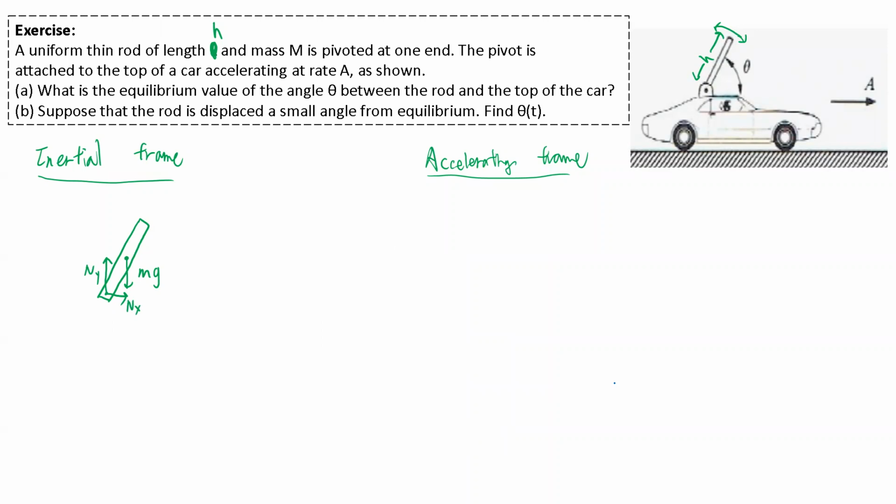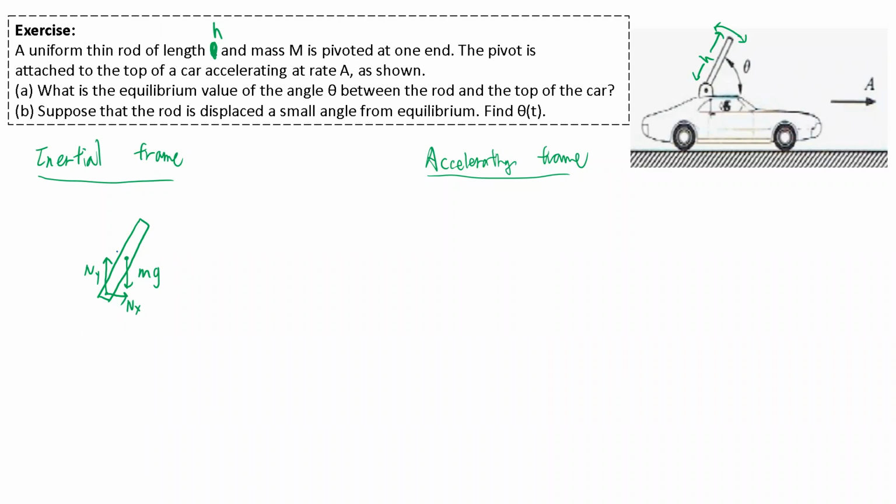So now, the vertical component. Consider the vertical direction. The whole system, the rod, is not in equilibrium in the sense that it is actually accelerating to the right. But vertically, we know it is in equilibrium, right?